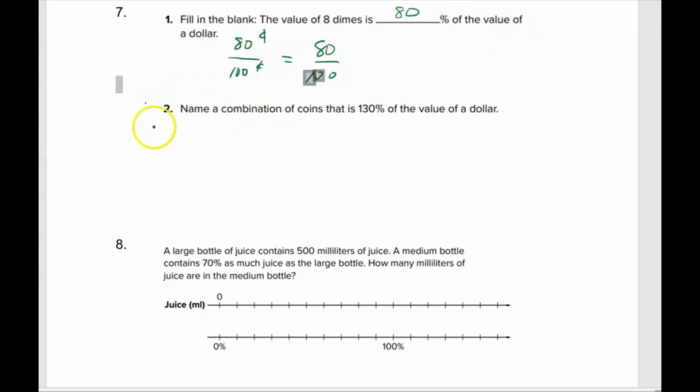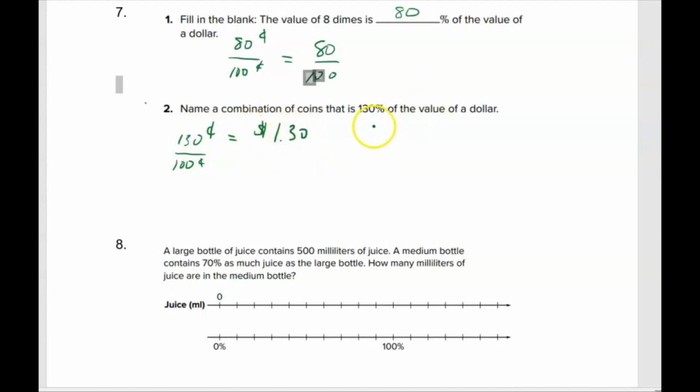Then number 2 says, name a combination of coins that is 130% of the value of a dollar. So again, my value is 100 cents of a dollar. Then what I'm looking for is what makes $1.30 or 130 cents.